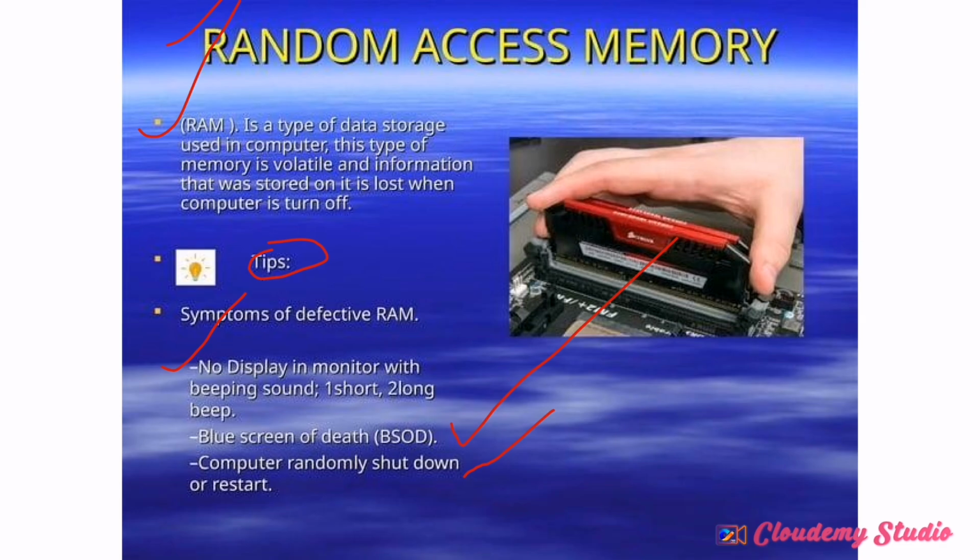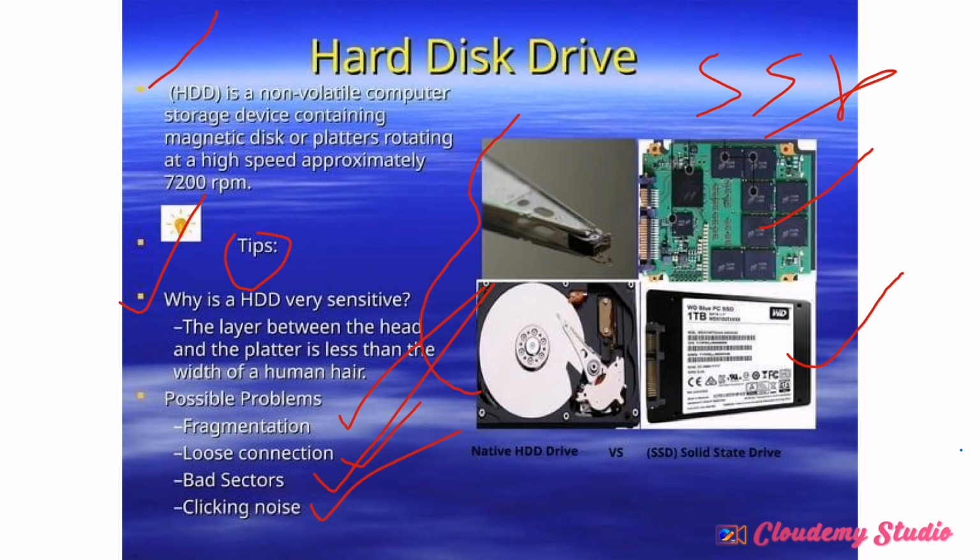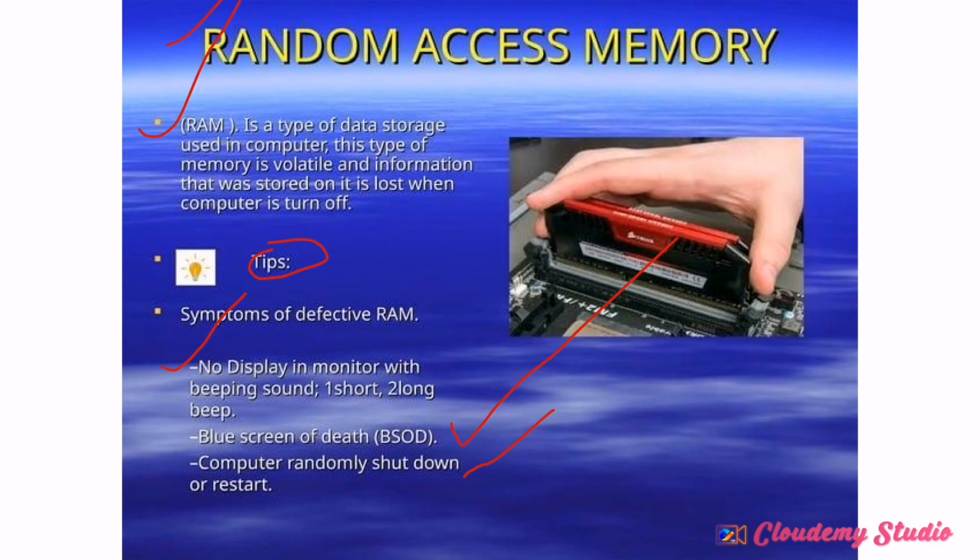Okay, first you understand the function of the hard drive. The function of the hard drive is to install data or information inside the computer. When it has problems, these are the tips you need to understand. When it comes to the RAM, it stores data temporarily, but in a situation where you did not save, it doesn't have the memory to keep that information.